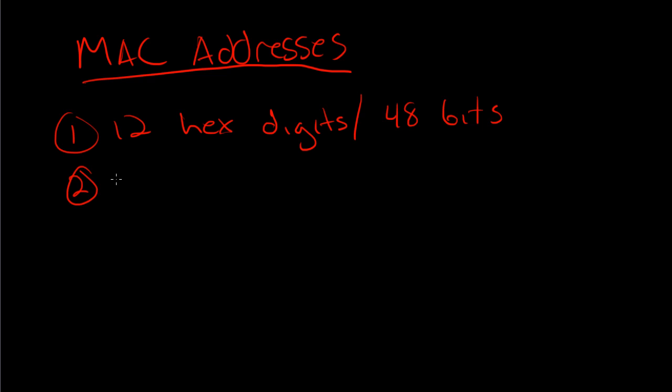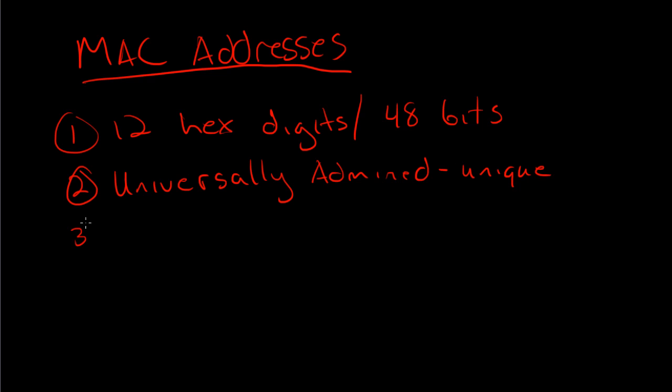The first being universally administered, which are, again, universally unique throughout the world. And we also have locally administered addresses, which are defined by the local administrator and are used for various network protocols and other functions.